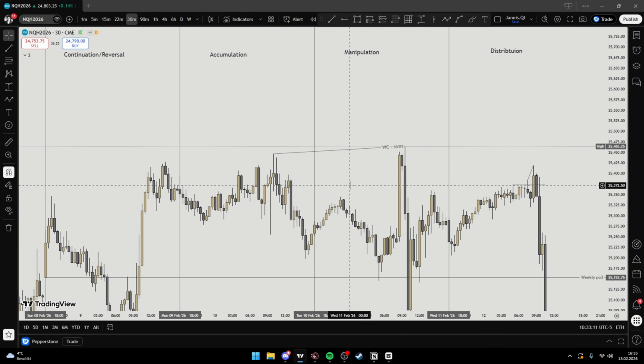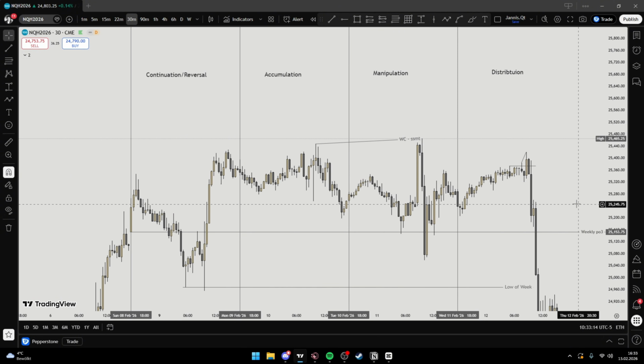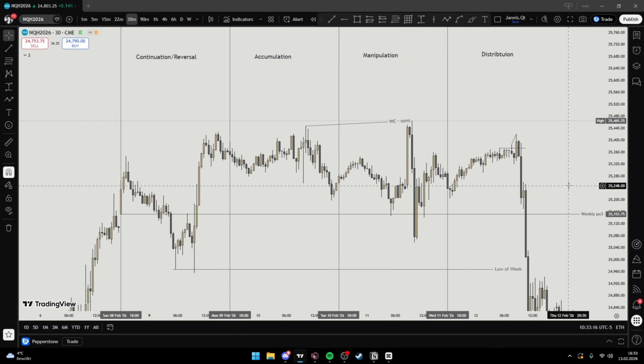Or on the manipulation day. Now here's an important thing. What do we want the week to end like? We want the week to end bearish, because, as I said before, the higher time frame narrative is bearish, because we're putting in our yearly manipulation right now. So we want a bearish week, and where do we need to manipulate to?